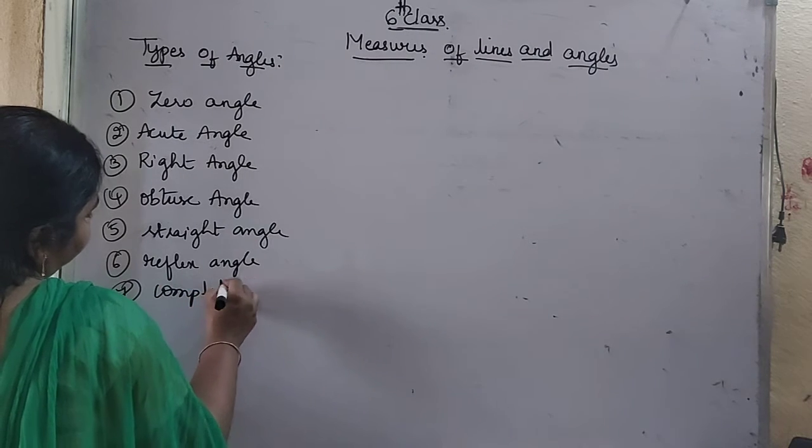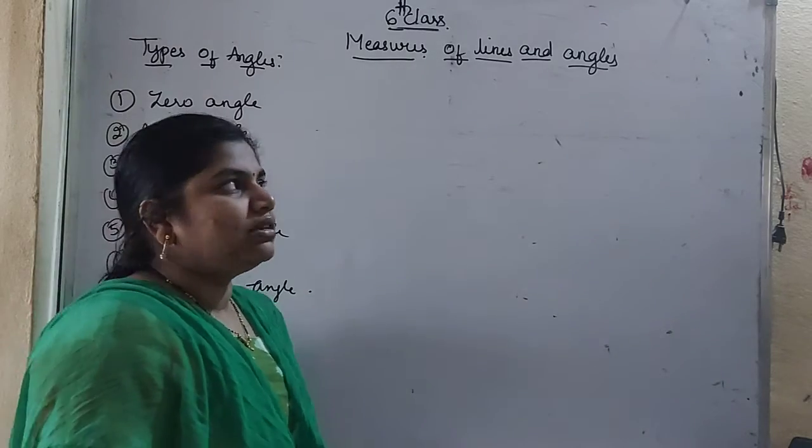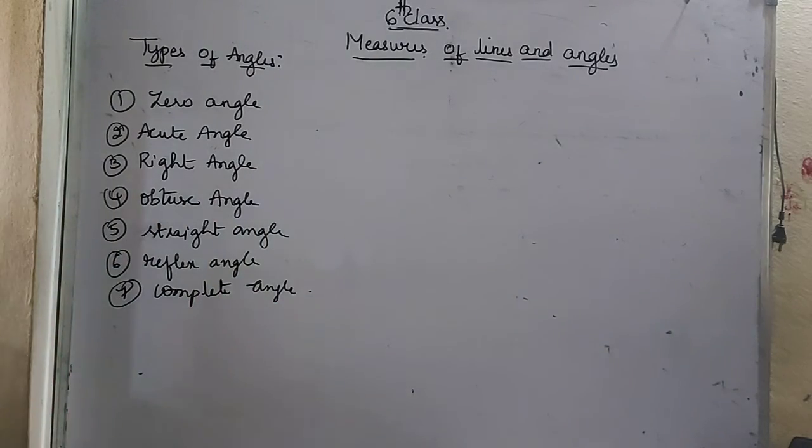So in total, 7 different types of angles are there: zero angle, acute angle, right angle, obtuse angle, straight angle, reflex angle, and complete angle.